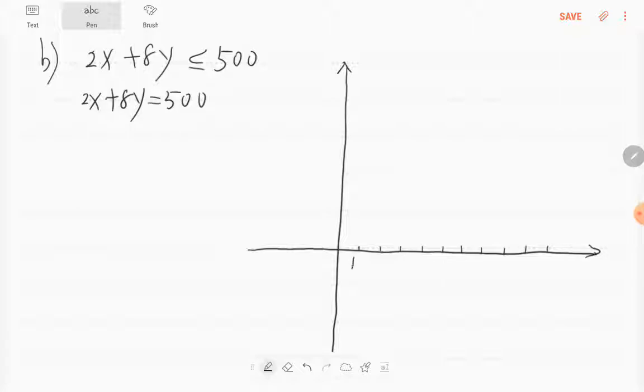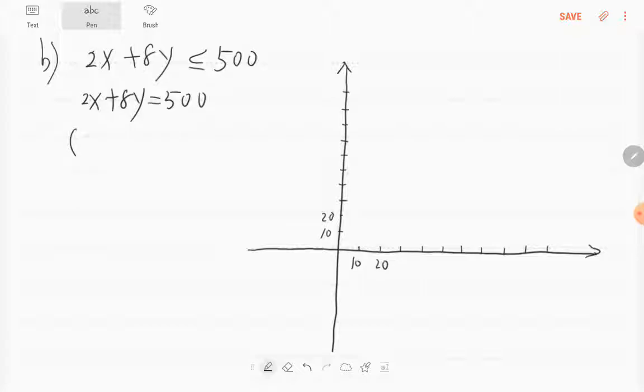So this is 10, 20, and so on. We can pick two arbitrary points, so we should choose a good choice.